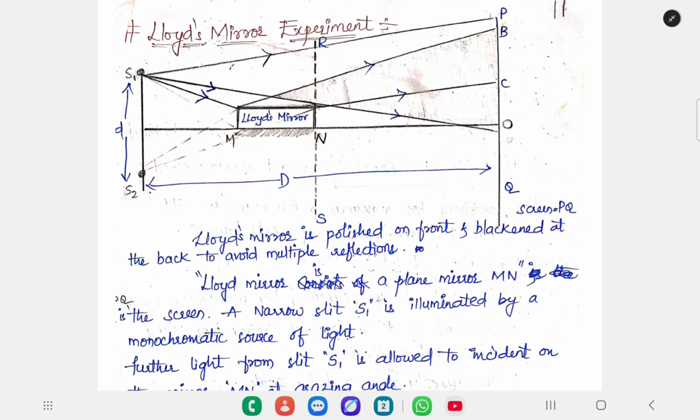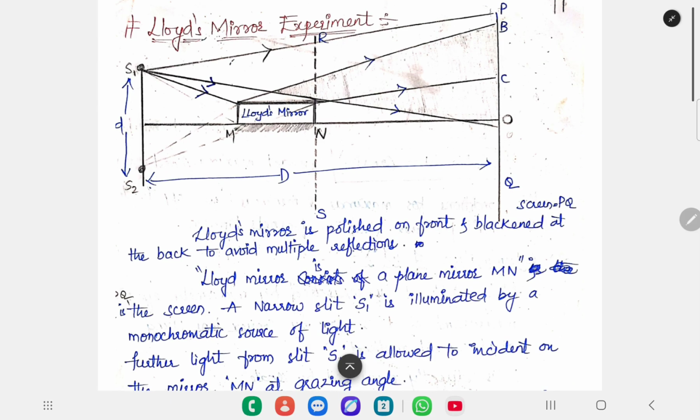Okay, so this is the diagram that you are seeing here for the experiment of Lloyd's mirror. You can see in the diagram this is a Lloyd's mirror that is polished in the front side and blackened at the back side, because we have to avoid multiple reflections.